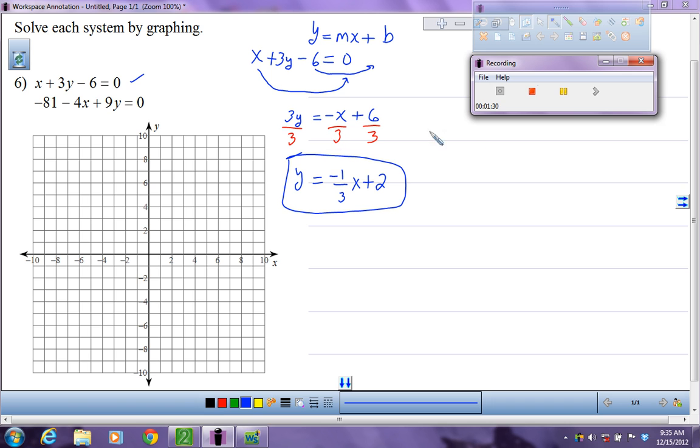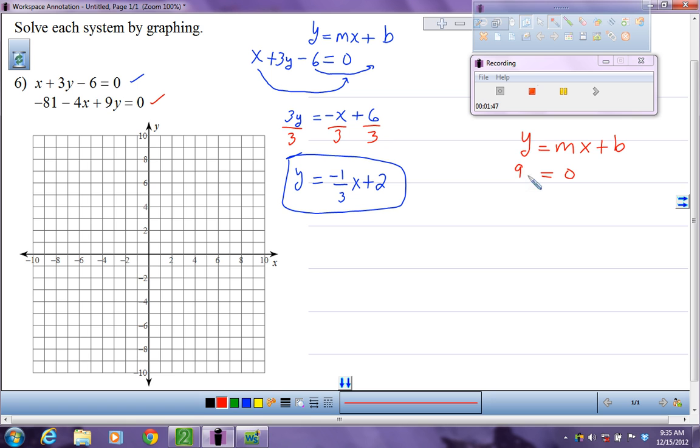And if you do the second one there, again, remember the model. You got y equals mx plus b. I'm going to do this one in red. So I have a 0 right there. I have a 9y right there, plus minus 4x, negative 81.